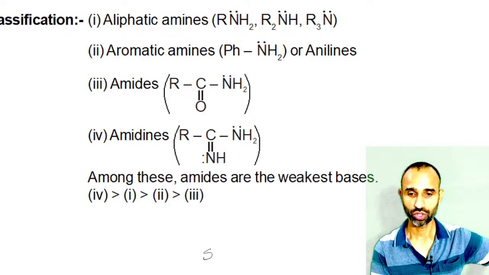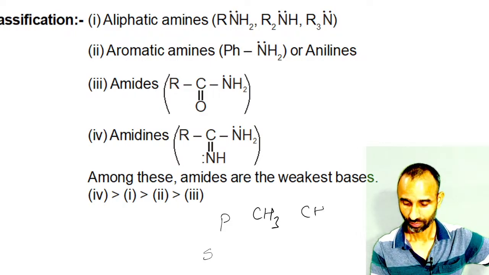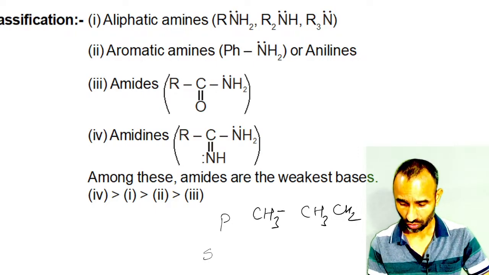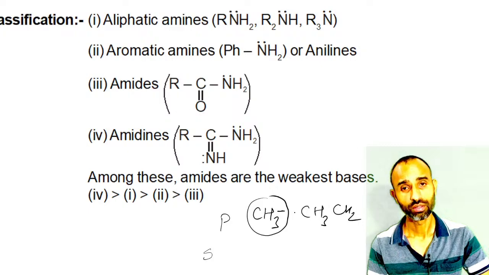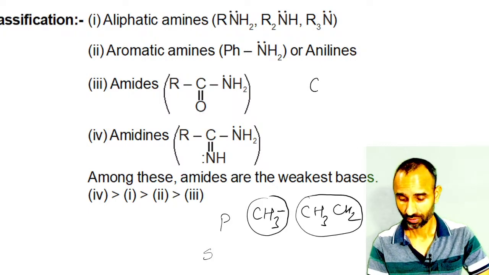Aliphatic amines in which we have alkyl groups like methyl, ethyl, propyl, isopropyl, tertiary butyl. This group is called methyl. This is ethyl.